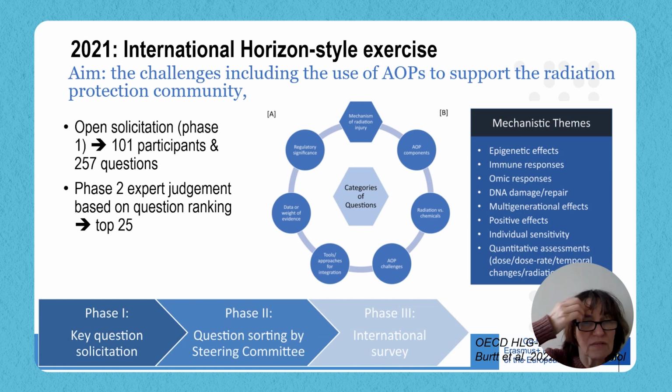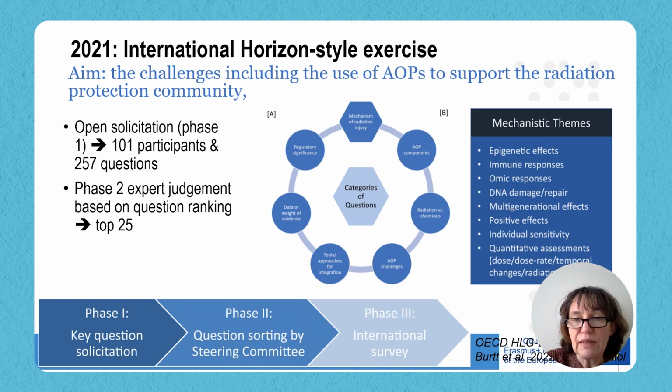Finally, I would like to say that in 2021, we did an International Horizon style exercise where we looked at all the challenges that we thought would be perceived for AOPs, specifically for AOPs in the radiation protection community.